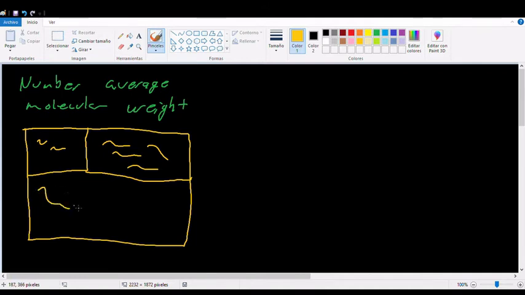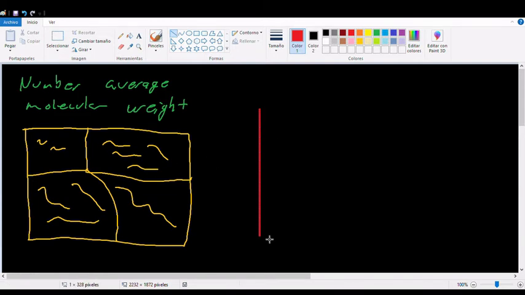Then 3 are even longer. And then 1 that is the longest, right? So we have 1, 2, 3, 4, 5, 6, 7, 8, 9, 10. So we have 10 molecules.